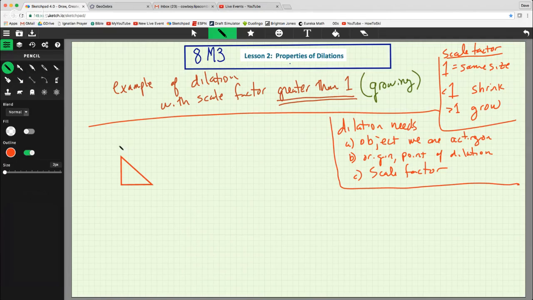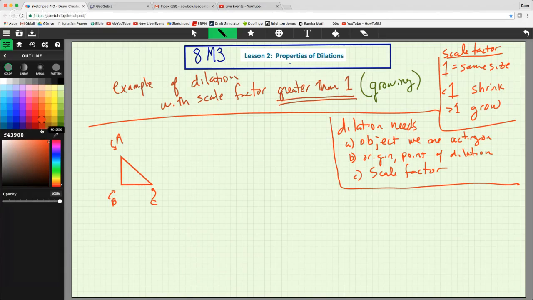We're just going to call this side A, B, C. That's point B, and that's point C. Now we need our origin, or our point of dilation. So let's put that point right here, and leave that in orange. This is kind of our starting point, point O. And now we need a scale factor.